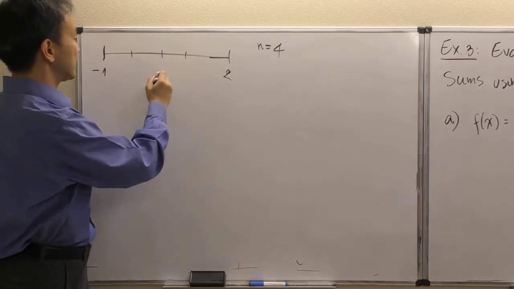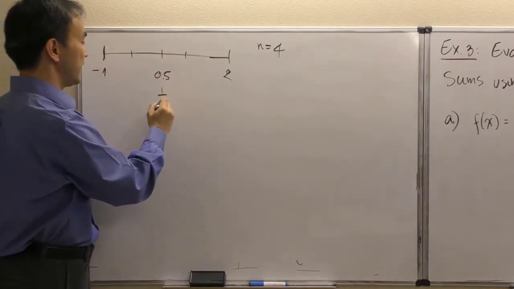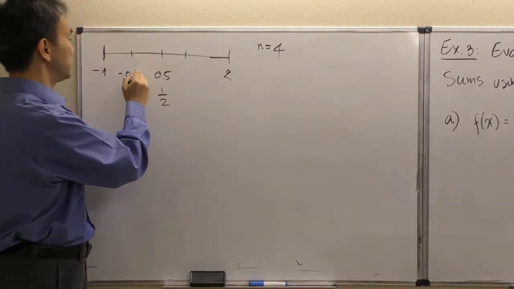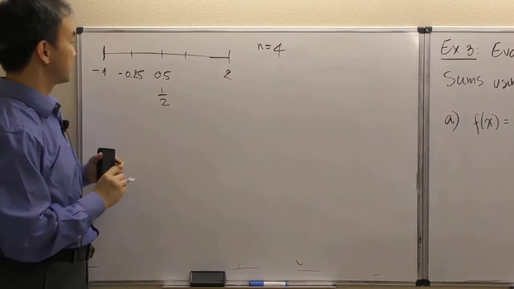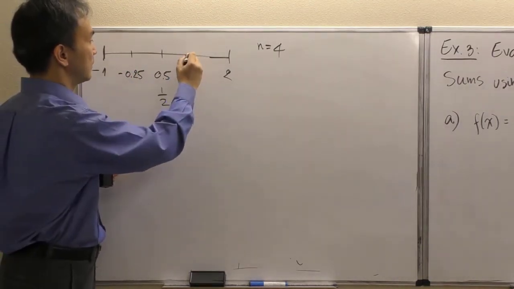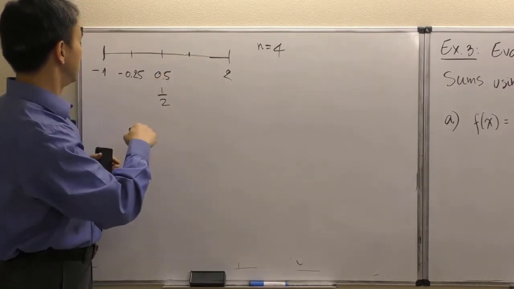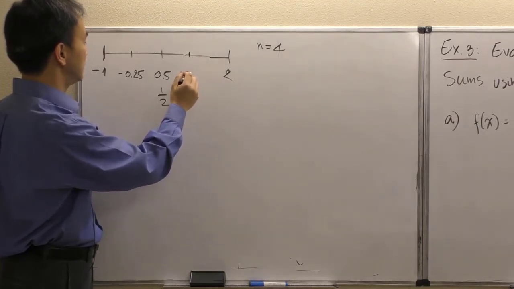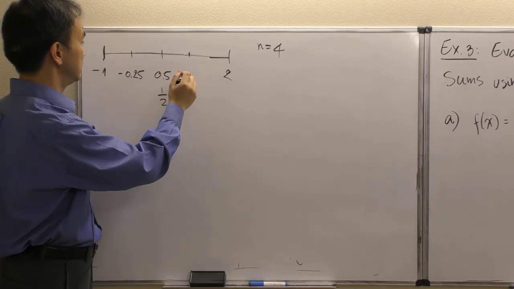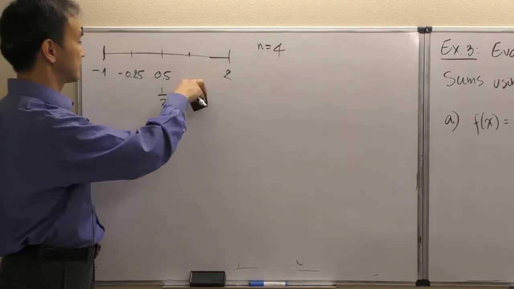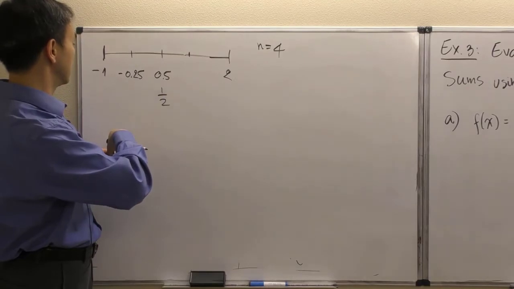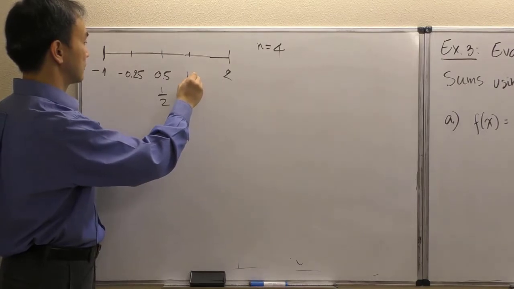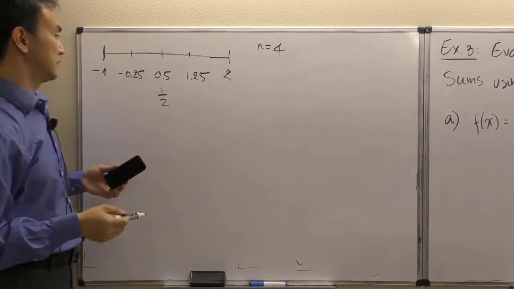Now that means we're looking at 1/2 here at our midpoint, and then this is going to be -0.25, and this point right here is 1.25 actually.